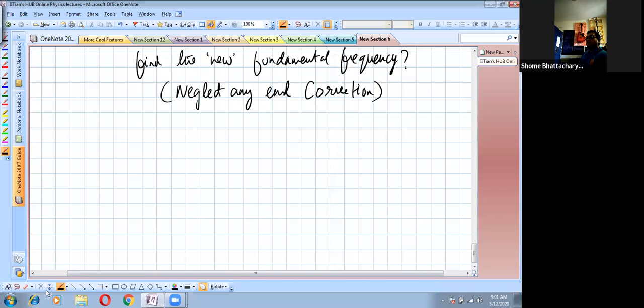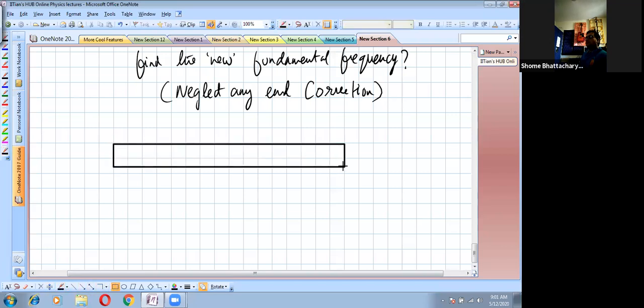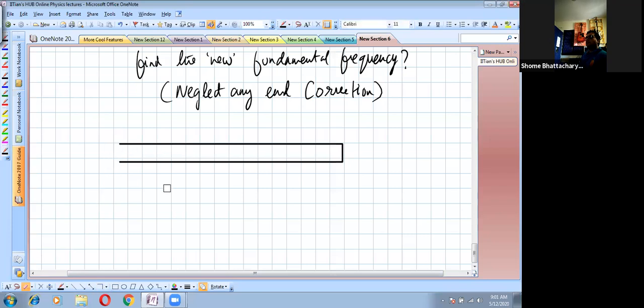So what is happening in the case of the organ pipe with the hole is that in any resonance condition or in any particular overtone, this has to be a node, this has to be a node, whereas this has to be an antinode.